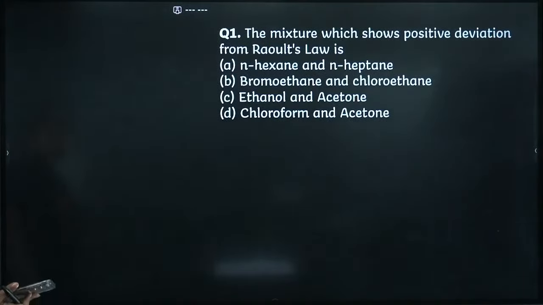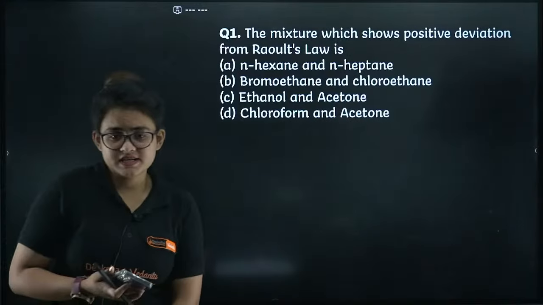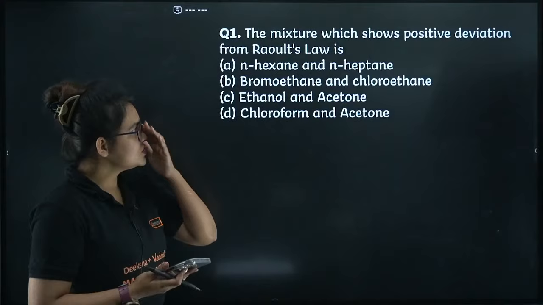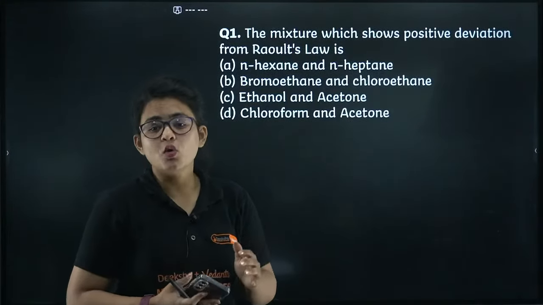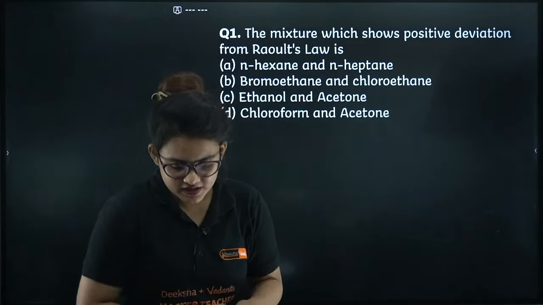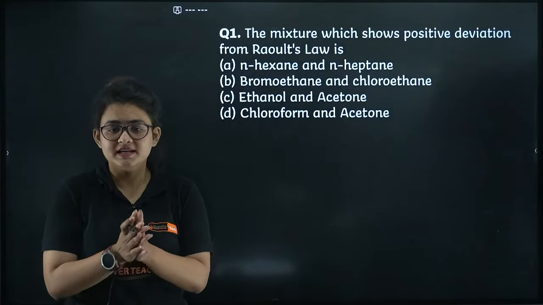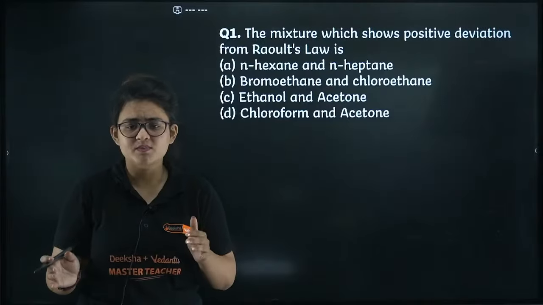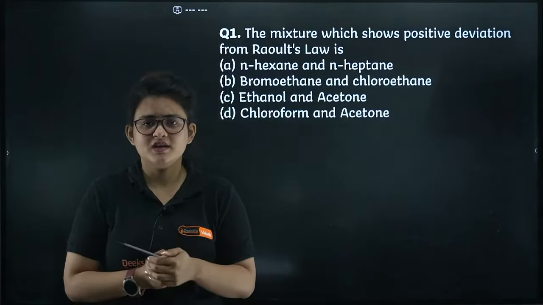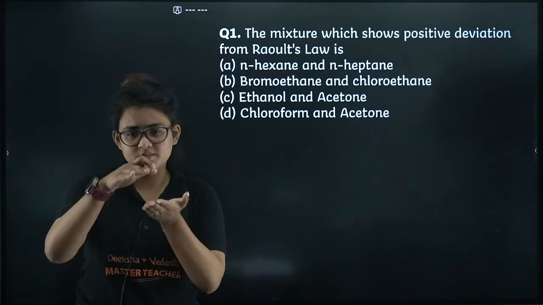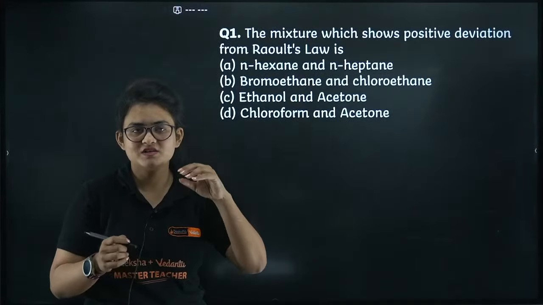Here you can see the mixture which shows positive deviation from Raoult's law. Let me explain one by one. N-hexane and N-heptane are members of a homologous series, so they have a similar type of interaction, usually van der Waals interaction between the surface areas.